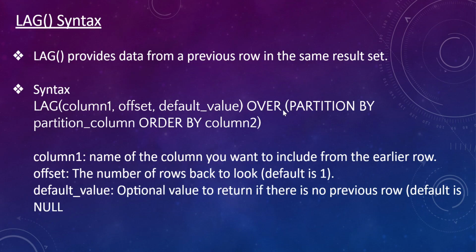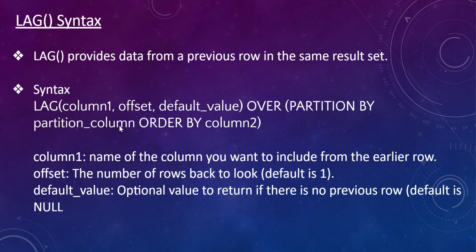Then you write over, then in brackets partition by. Again, partition by is not a mandatory part. If you want to group your data, you can use partition by. Otherwise, partition by is not a mandatory part, similar to what we have seen while discussing rank, dense rank, and row number.